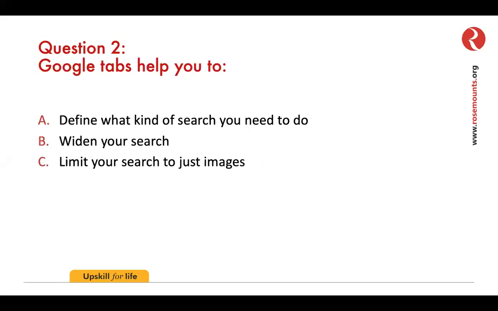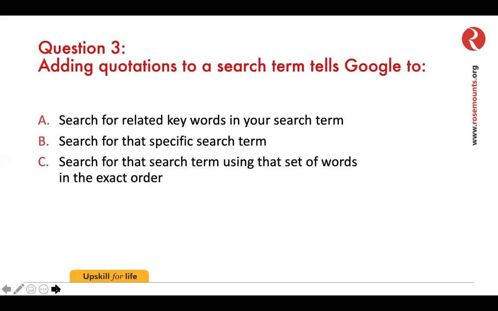So Google tabs help us to define the kind of search we want to do on Google. Then question 3: adding quotations to a search term tells Google to search for related keywords in your search term, search for that specific search term, or search for that specific search term using that set of words in the exact order.